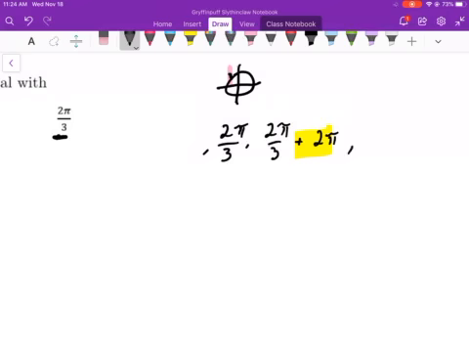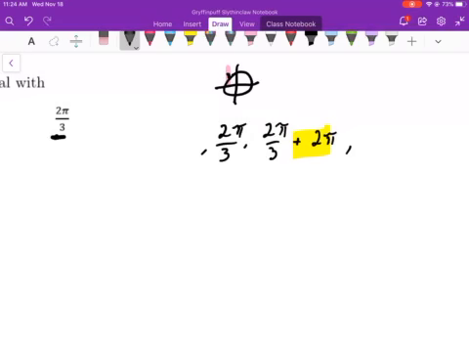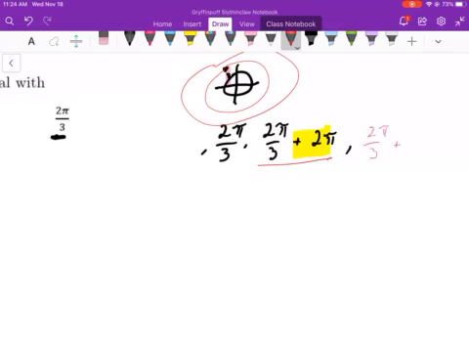And then I can go, well, wait a second. So that was 2 pi over 3. And what happened, I went exactly 1 way around the circle. That's what this describes. What if I go another way around the circle? Well, that's really 2 pi over 3 plus 2 pi plus 2 pi.